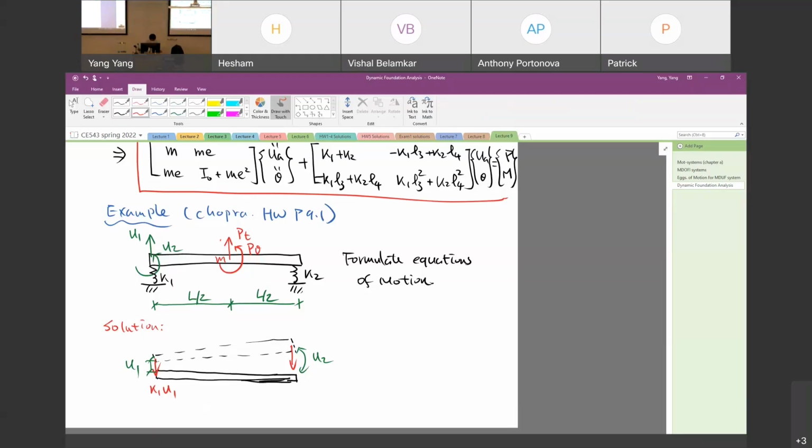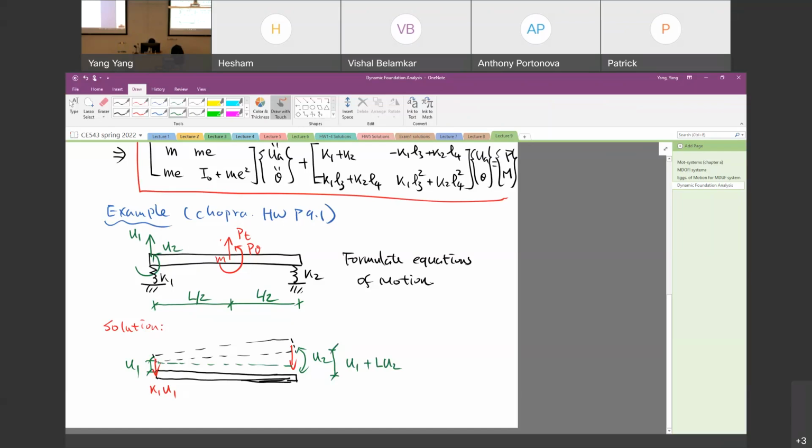The total elongation here will be equal to U1 plus L times U2.